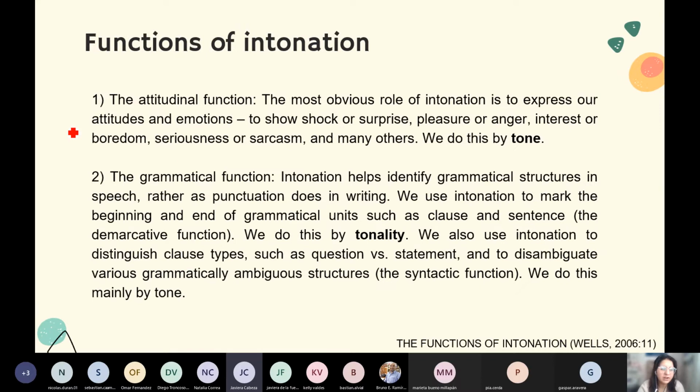Now we are going to name 4 functions of intonation, and I know this is kind of boring, kind of dry, and it's kind of difficult to understand because it's just information you have to learn, basically almost from memory.